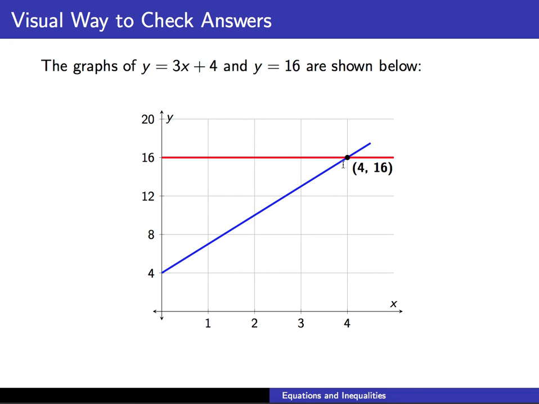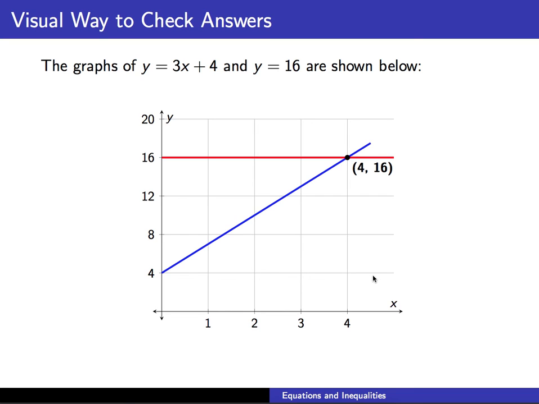The x-coordinate is the intersection point. The y-coordinate is what we got when we checked our value of x. So if we plug in 3 times 4 plus 4, we did get that y value of 16. So a very, very powerful way to help check your answers, and even to give you a preview of what your answers should be, is to graph them and see where they intersect.